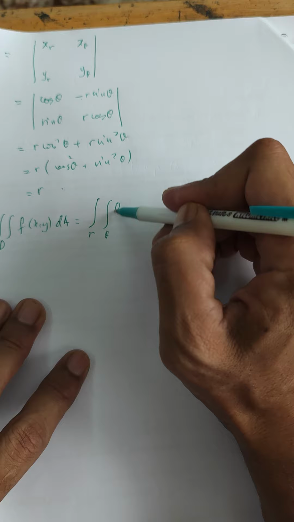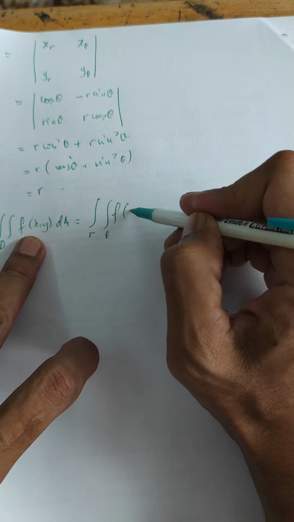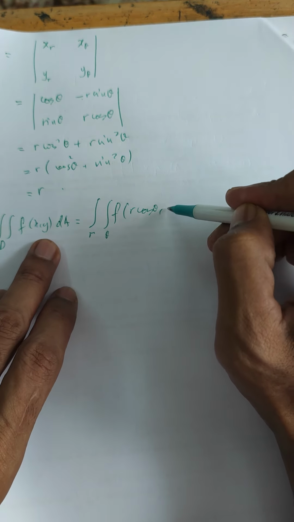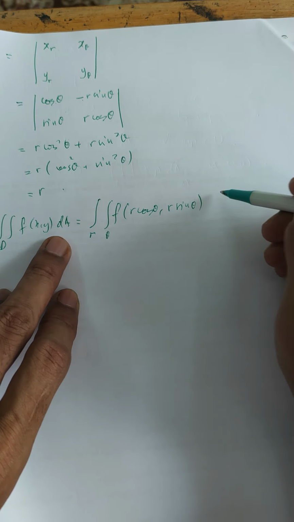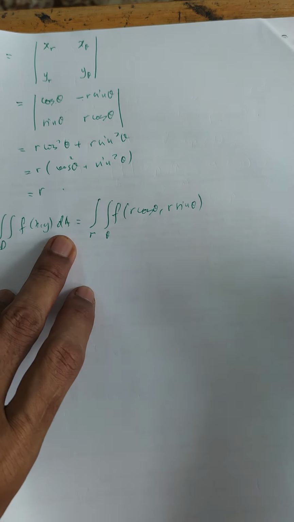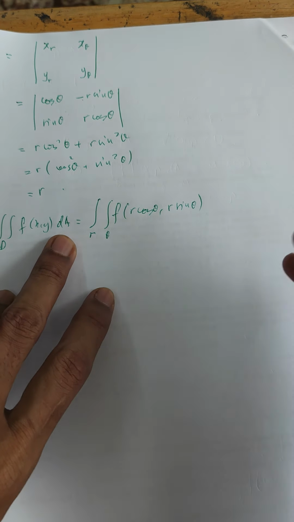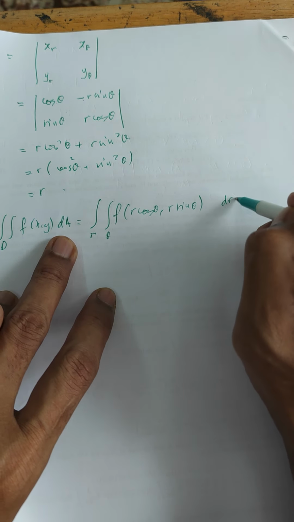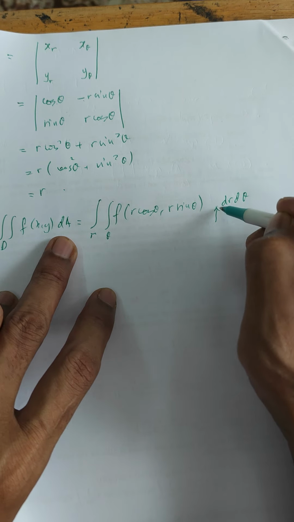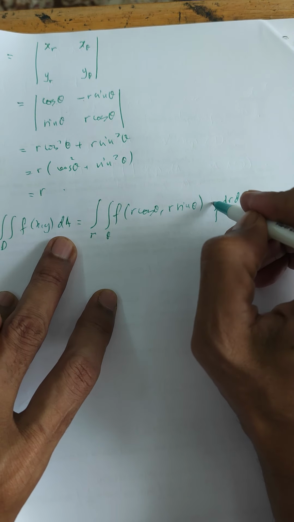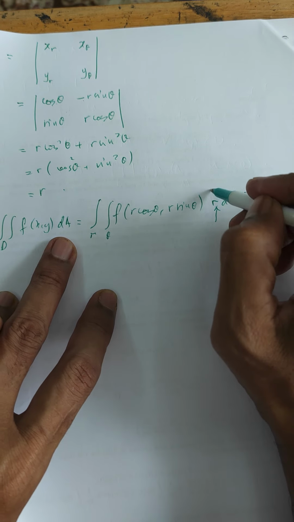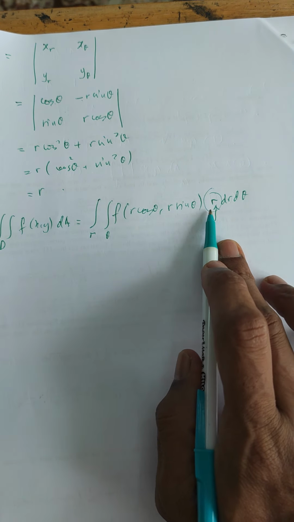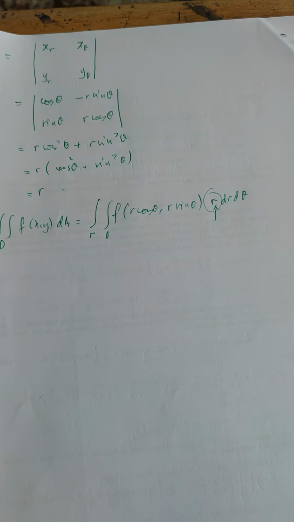Our function f is r, x is r cos theta, y is r sin theta, and for dA, we have dx dy now transformed into dr d theta, but we have that Jacobian. In this case, we have r here. So do not forget this r. This r is important. If you do the transformation using polar coordinates, we have the Jacobian, which is r. So do not forget that r.